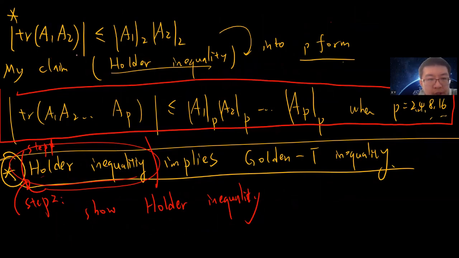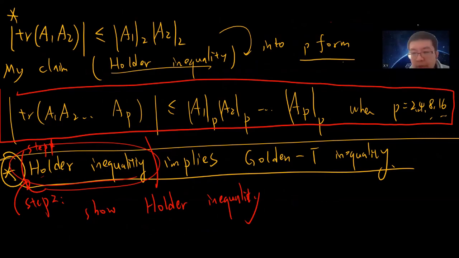In the previous video I defined this Hölder inequality. If you have A1 up to AP, where p is a power of 2, then the absolute value of the trace of A1 up to AP is less than or equal to the product of the p-norms of A1, A2, up to AP.